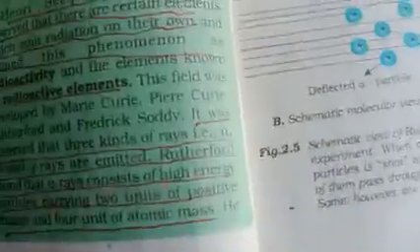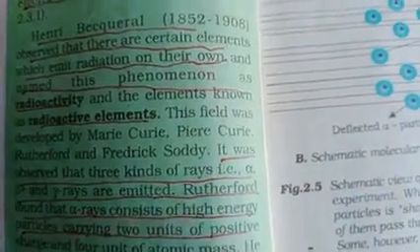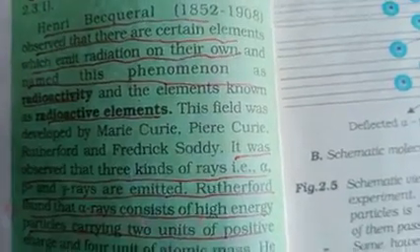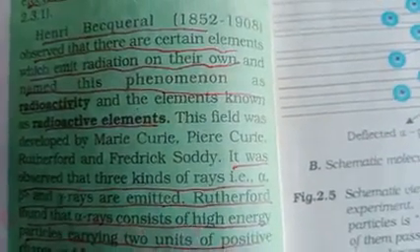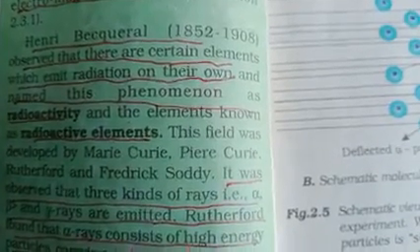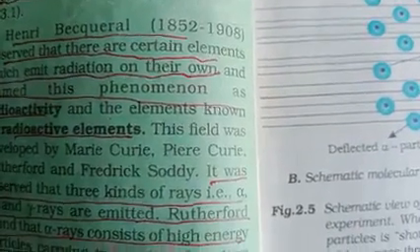Now let us see the properties of alpha, beta, gamma. As I have already told, the continuous emission of light from a substance is what we call a radioactive substance, and the phenomenon is called radioactivity. The radioactive substance is kept in a lead block, and the rays which come out of the lead block pass near an electrical field.